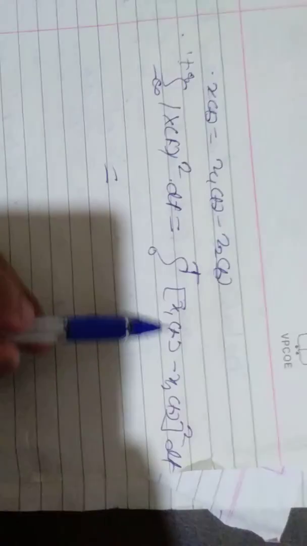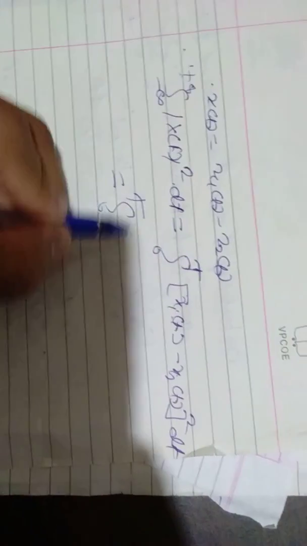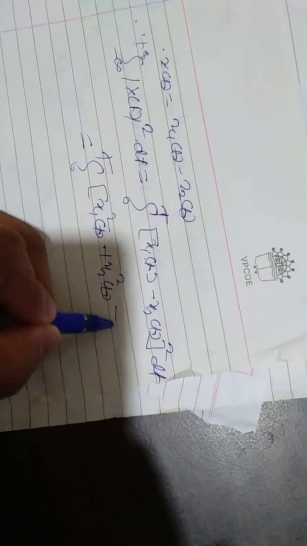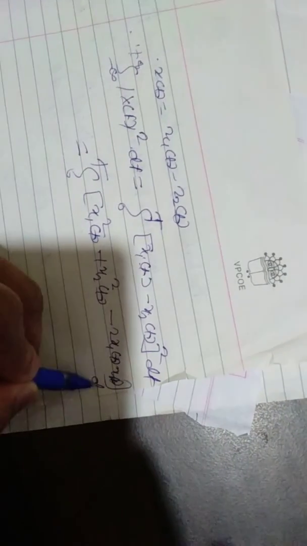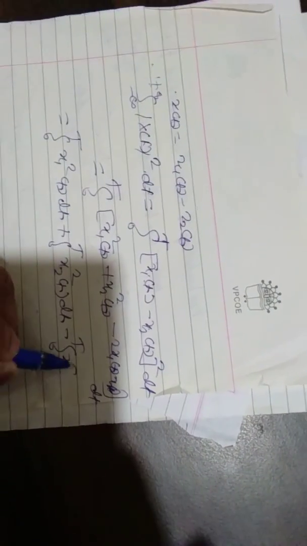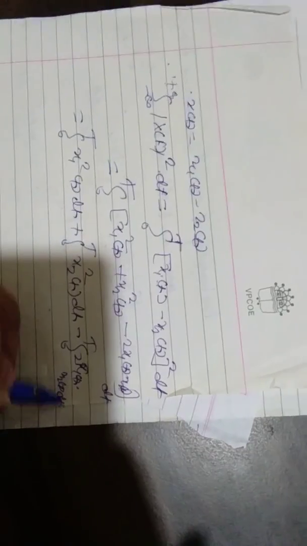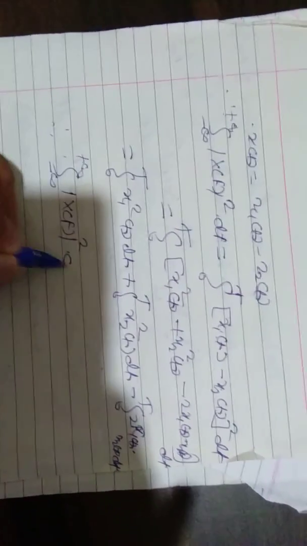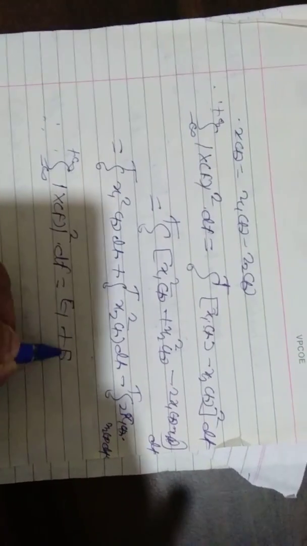This is nothing but a minus b whole square, which becomes the integral from 0 to T of x1 square of t plus x2 square of t minus 2 times x1 of t into x2 of t, dt. This gives E1 plus E2 minus 2 times E12.